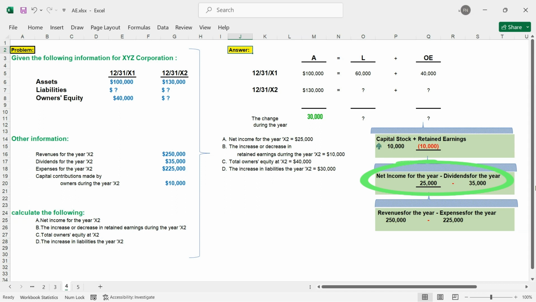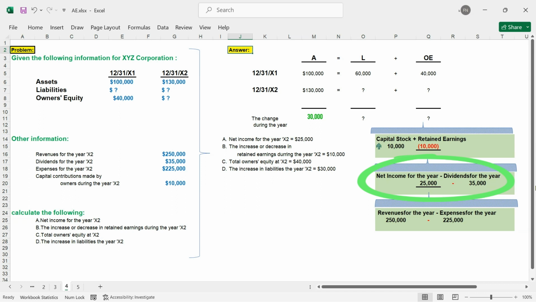Now, this problem tells me that at the beginning of the year, owner's equity, which is capital stock plus retained earnings, amounted to $40,000. They didn't give me the breakdown of how much was capital stock or how much was retained earnings. But clearly there must have been at least $10,000 of retained earnings in that $40,000 owner's equity amount, because we are paying out $35,000 of dividends and we can only pay dividends from earnings in the current year or any previously retained earnings from years prior to the current year.